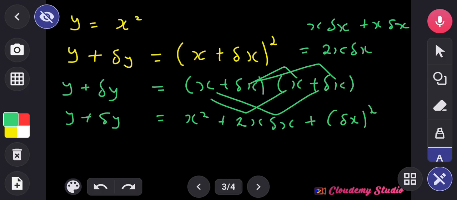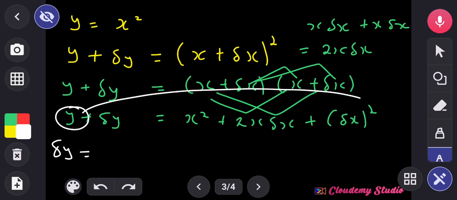Now the next step is to make delta y the subject of the formula. Therefore, our delta y is going to be, we take this y and put it at the back, so we have x squared plus 2x delta x plus delta x squared minus y.